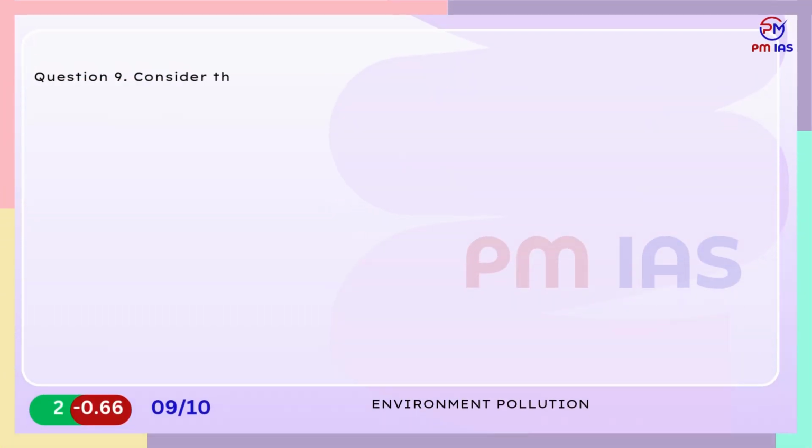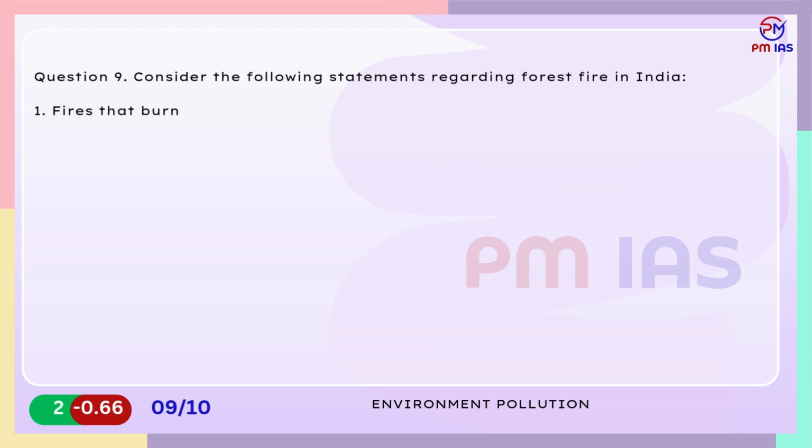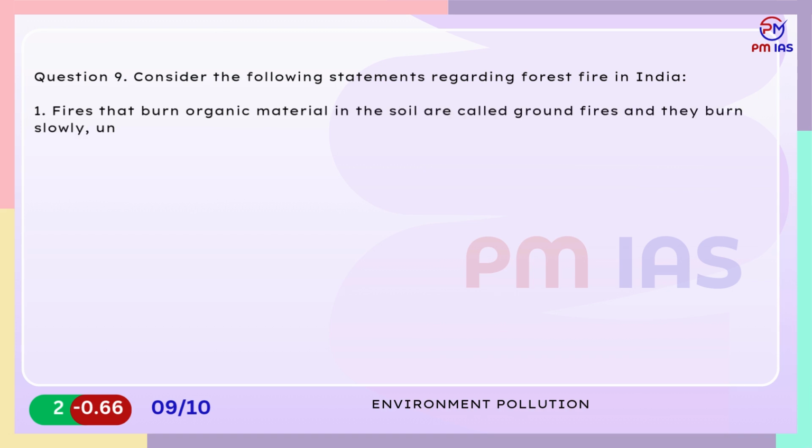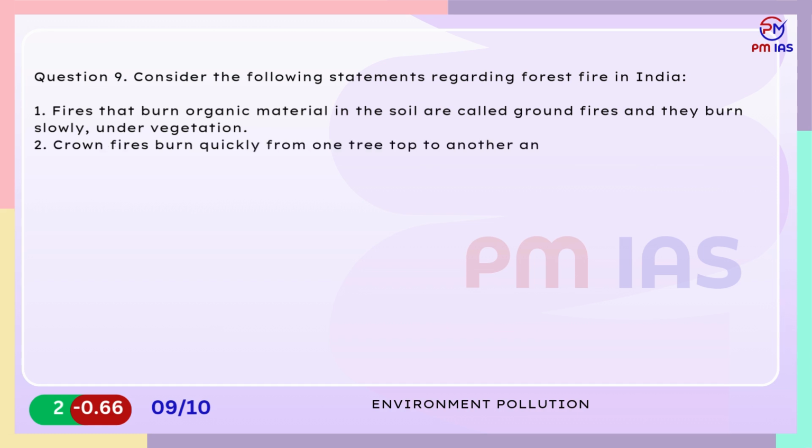Question 9. Consider the following statements regarding forest fire in India. 1. Fires that burn organic material in the soil are called ground fires and they burn slowly, under vegetation. 2. Ground fires burn quickly from one tree top to another and have huge flames with intense heat and are rare in India. 3.